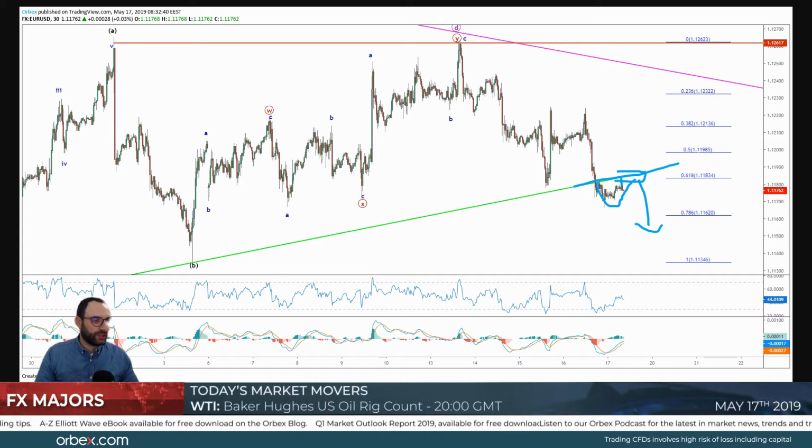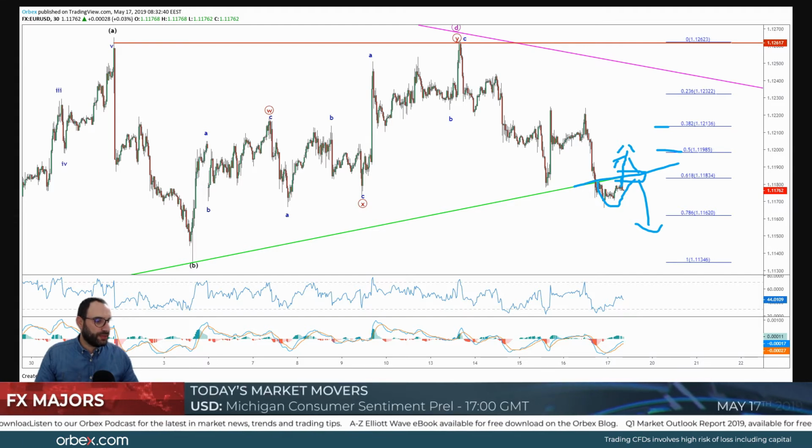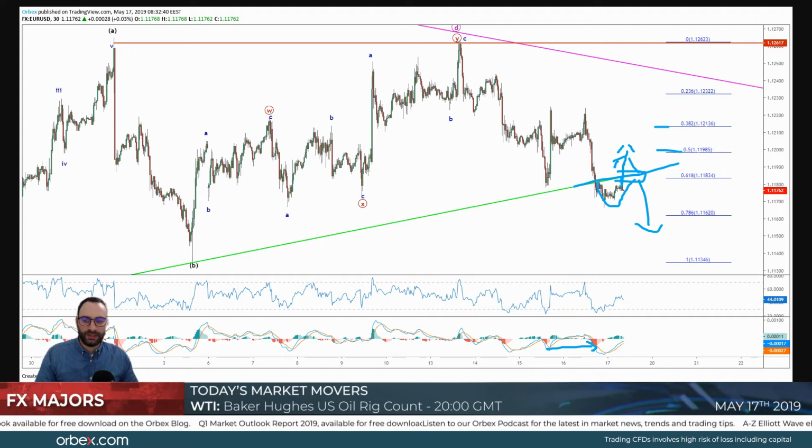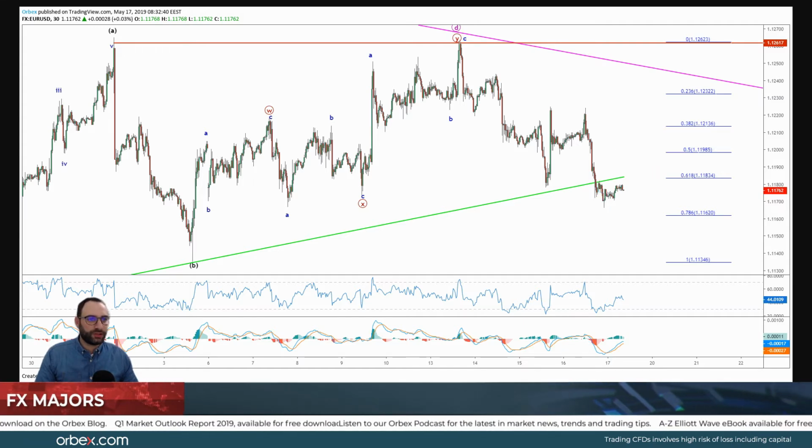In case prices come back within the triangle, we're looking at moving at least close to 1.12 or even a little bit higher to 1.1213. There is some sort of bullish signal on the 30 minutes histogram, but note this is a little bit noisy on such a short time frame.